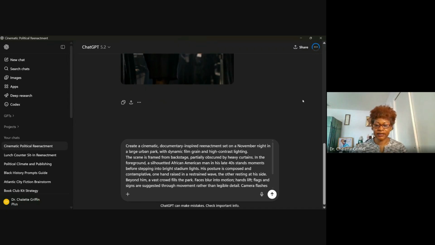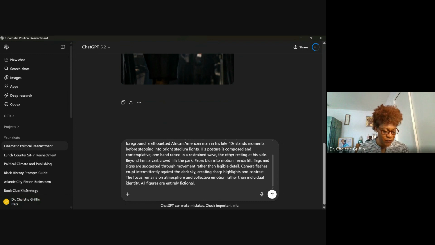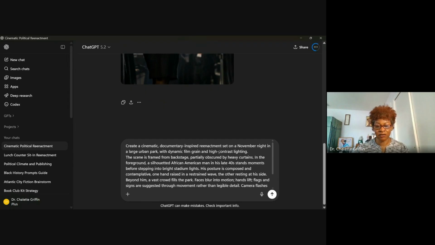If you read through the prompt, the environment has changed and the style has changed as far as the type of realism that we want. This one is not so much like a documentary. This is more of a realism because it's cinematic, like the previous one. A similarity is that it's partially obscured by the heavy curtains, similar to the previous photo.